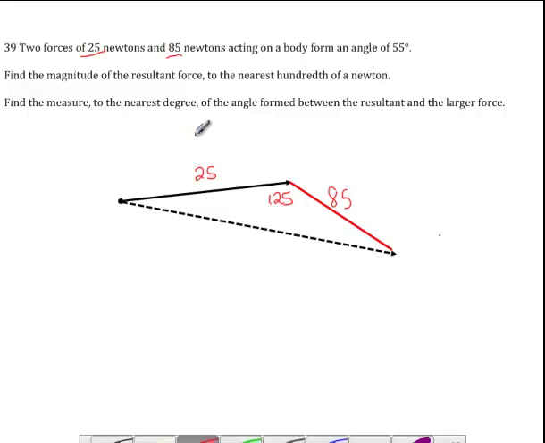Okay, so now they want me to find the magnitude of the resultant. So I wanted to find x here. And now we're back to trigonometry. Trigonometry says to find missing sides we use law of cosines or law of sines. And in this case, it's law of cosines.